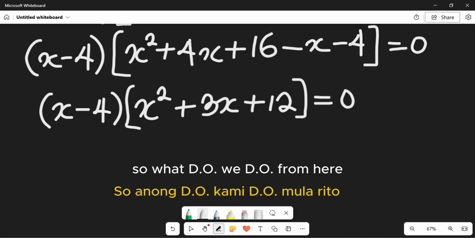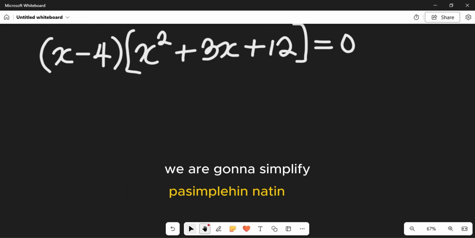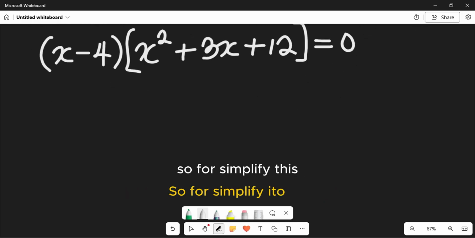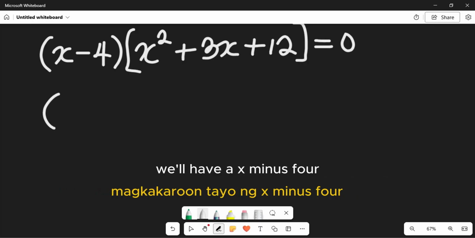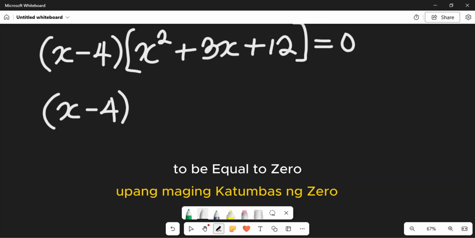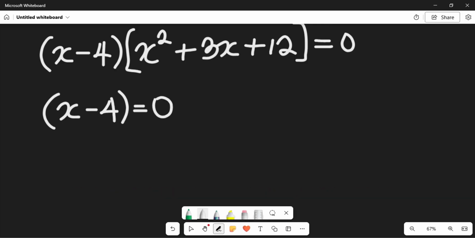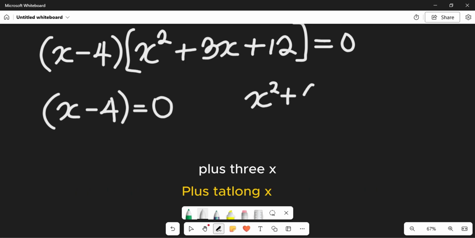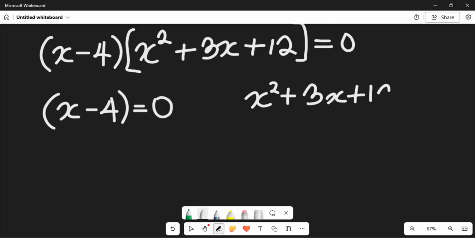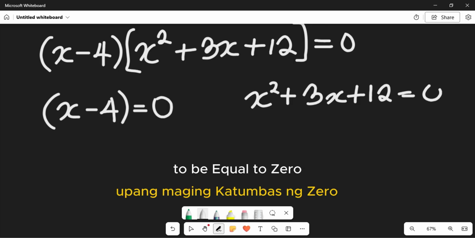So what do we do from here? We are going to simplify. If we simplify this, we are using the zero product rule. We'll have x minus 4 equal to 0, and then we'll have x squared plus 3x plus 12 equal to 0.